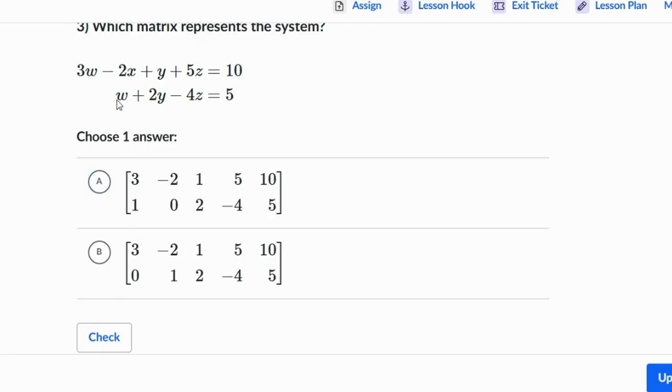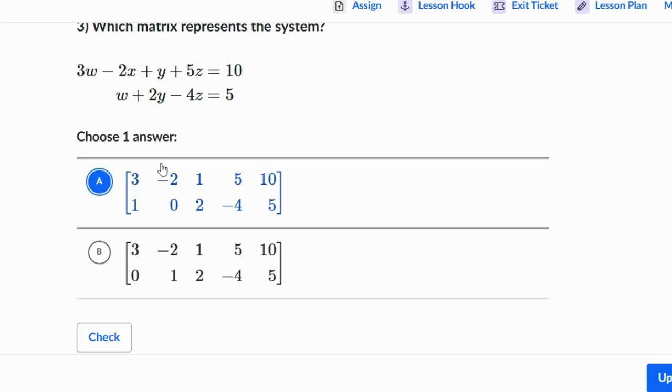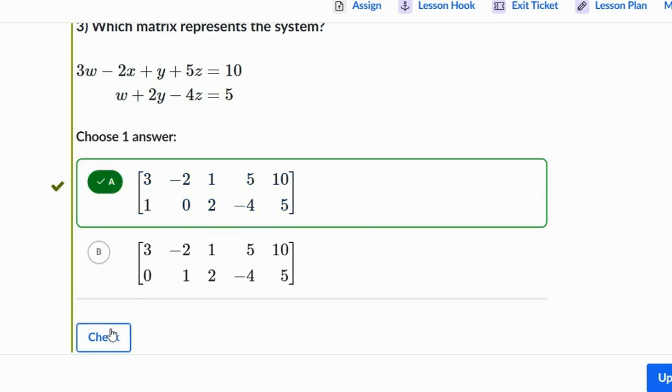We have a w in the second column, which is a 1. So 3 and 1 would be correct. Where 3 and 0 says we do not have a w, that's not correct. We do have a w. The second column, the -2, is the x column. We do not have an x in the second equation, so that would be 0. So absolutely A should be the correct one.